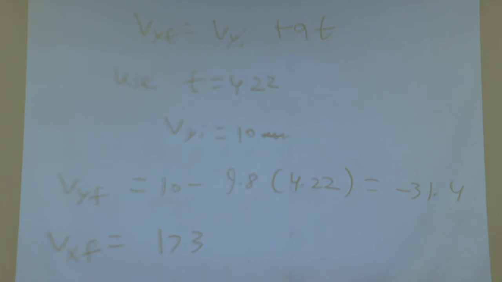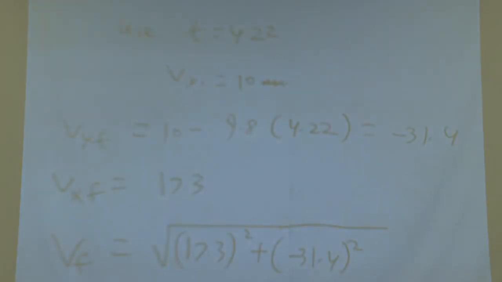This was a simple plug and chug. Time is 4.22. 10, that's from before, 9.8, gives us that. Now, when you have the x and y components of something, you have to use the Pythagorean theorem to find the total magnitude of the velocity.